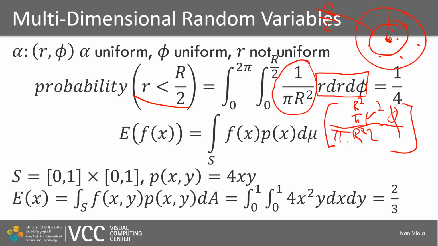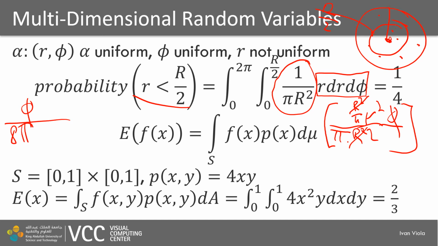which means that we can get rid of r squared from our fraction, and we will end up with phi divided by 8 pi, and phi goes from 0 to 2 pi.